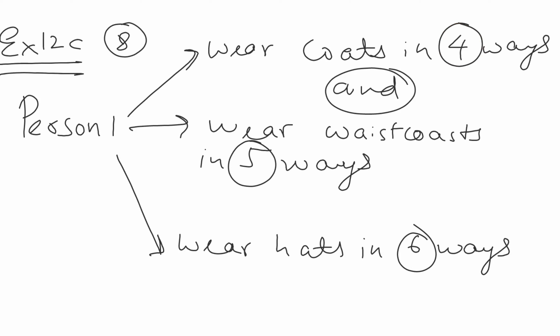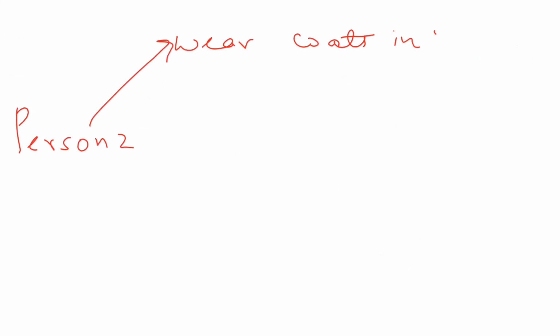For person 2, the number of coats left will be, waiting for your answer. Correct, 3. Some students are replying, so that's correct. There will be 3 coats left because one is utilized by person number 1.